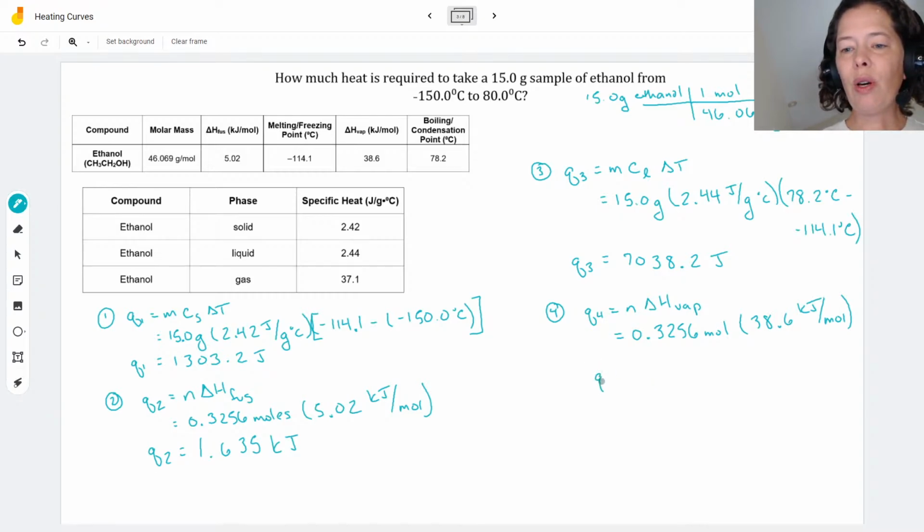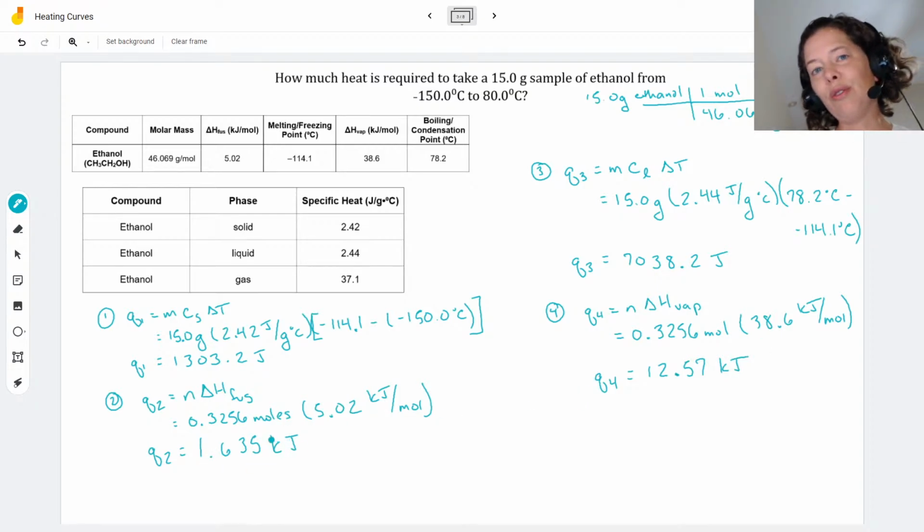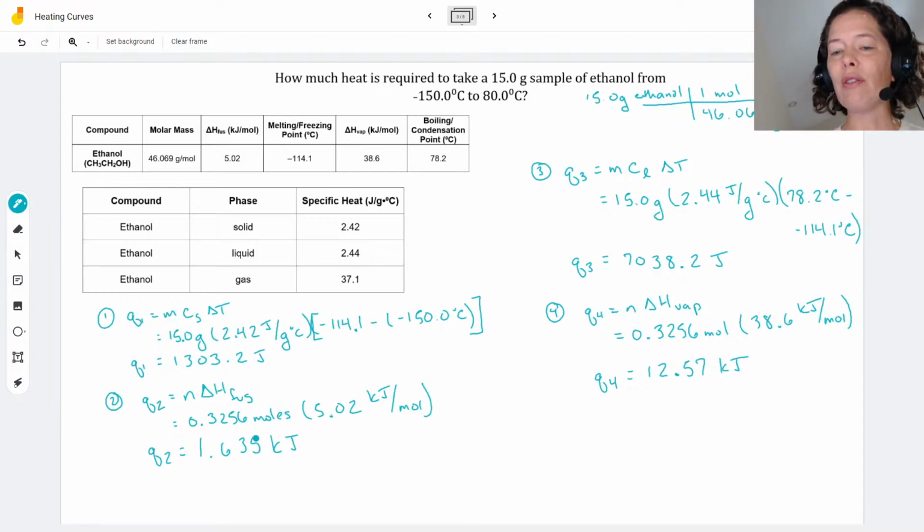Okay, so Q4 is 12.57 kilojoules. And you can see how much bigger it is than the Q2. Again, usually for most compounds, going from the liquid to the gas phase requires a lot more energy to be put into the system.